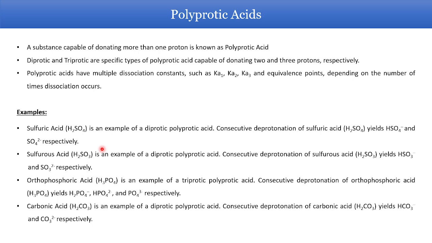So we need to keep this in mind. For that we need to know the structure of the particular molecule and check if the hydrogen is exchangeable between the two molecules.